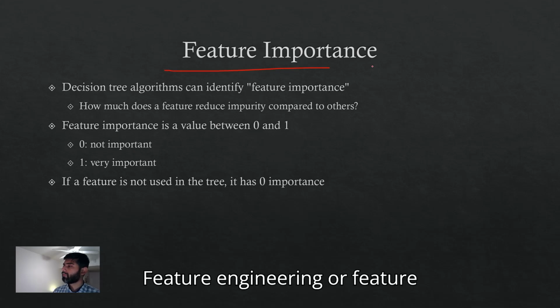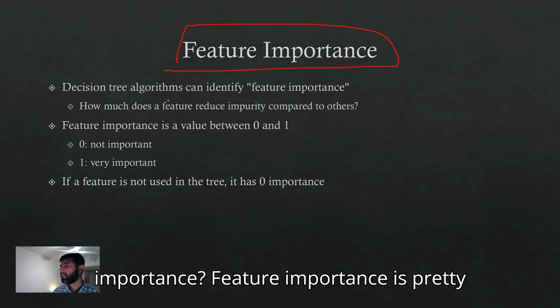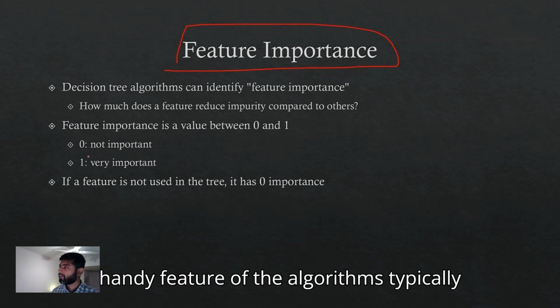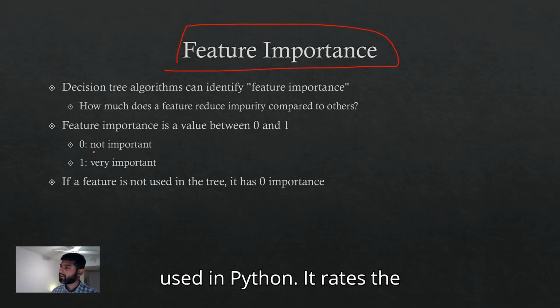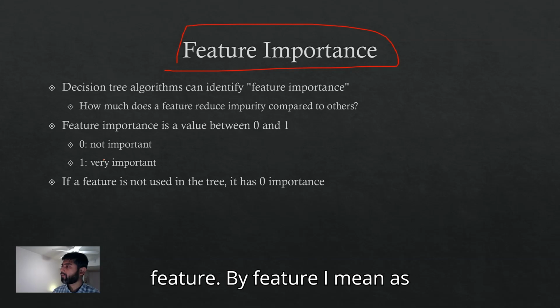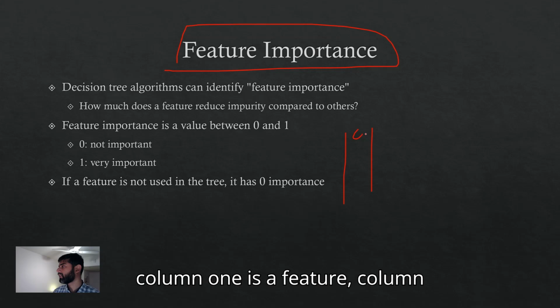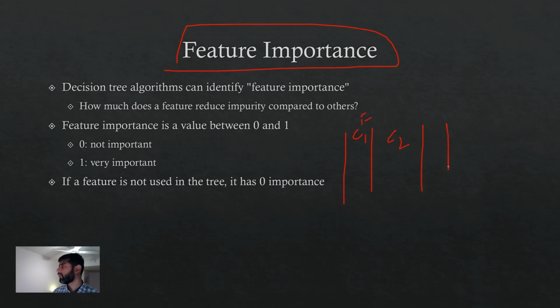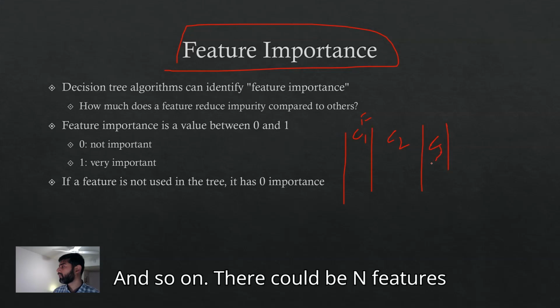Feature engineering or feature importance. Feature importance is a pretty handy feature of the algorithms typically used in Python. It rates the features. By feature, what I mean is column 1 is a feature, column 2 is a feature, column 3, and so on. There could be n features in the data set.